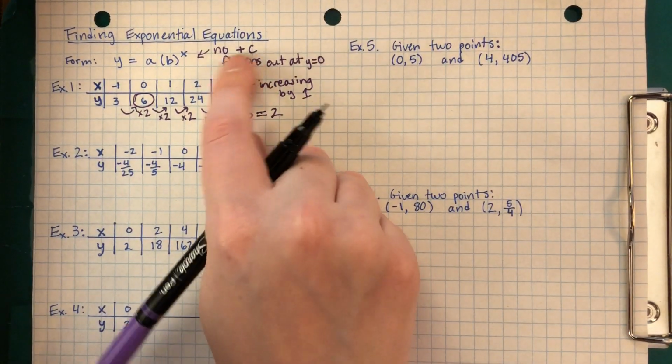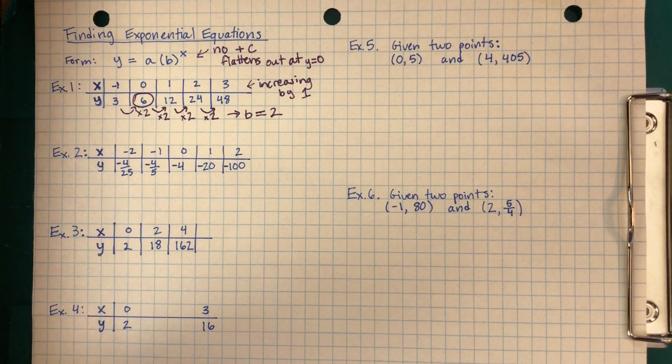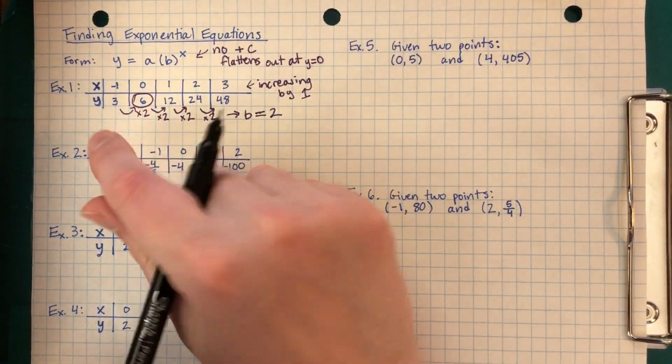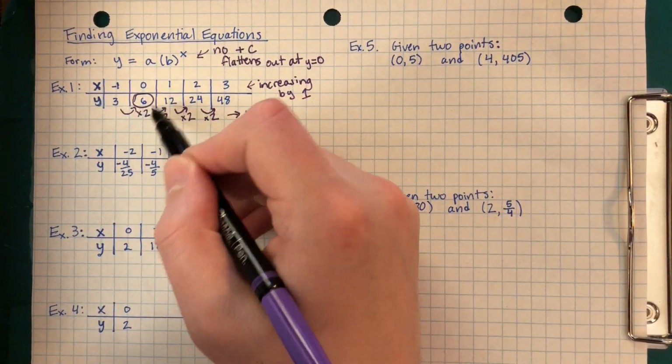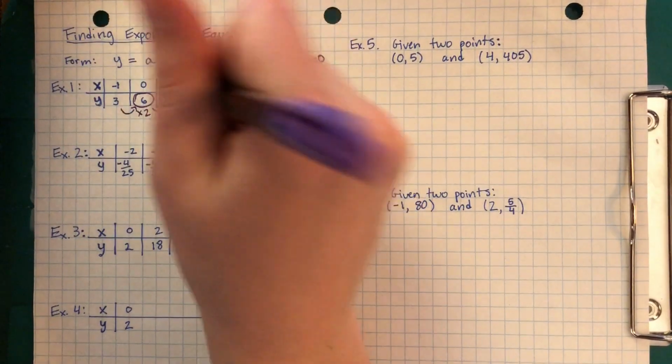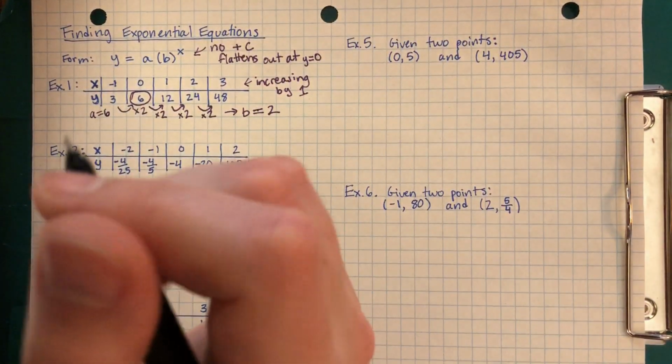This is not true if we had a plus c, right? The y-intercept depends on both c and a when we're looking at the graph. But when we don't have a plus c, then this number a is just the y-intercept, which is the number that goes with x equals 0. So this means a equals 6.